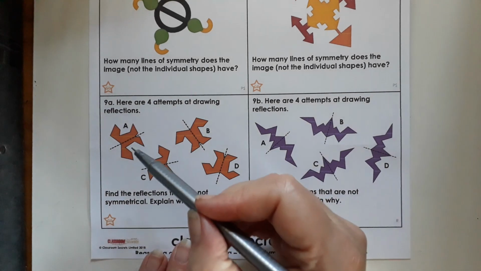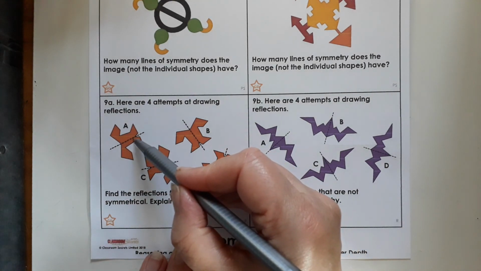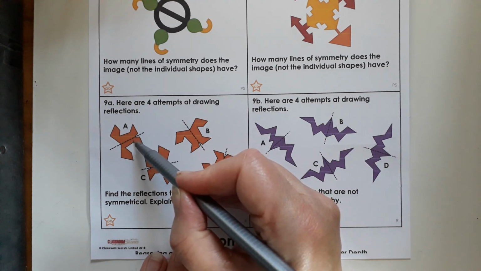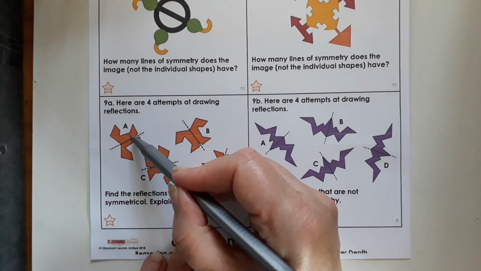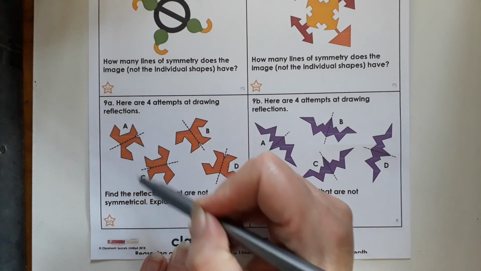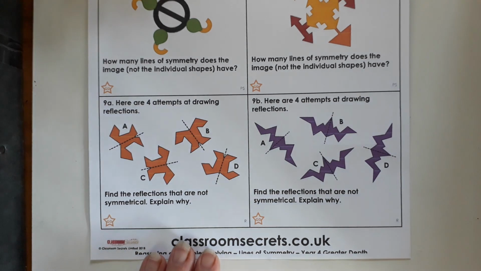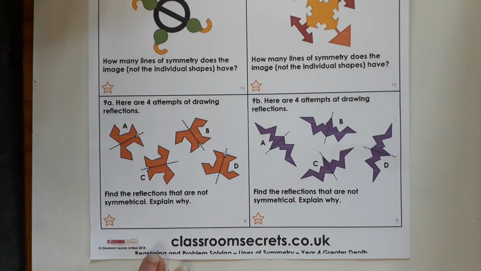If you look at shape A, this distance between the line of symmetry and this edge is smaller than this distance, and they've got to be the same. So have a go and see how you get on. Have fun and work hard.